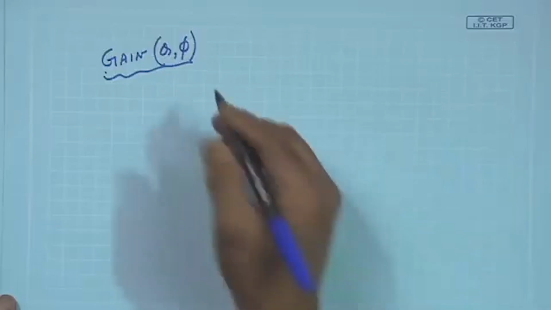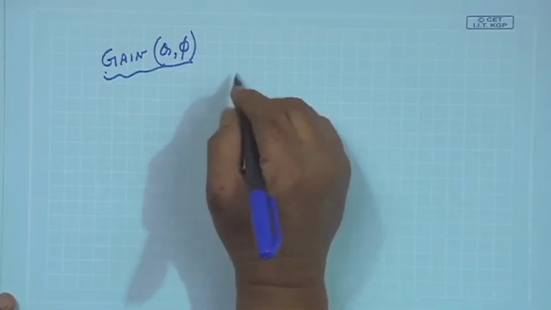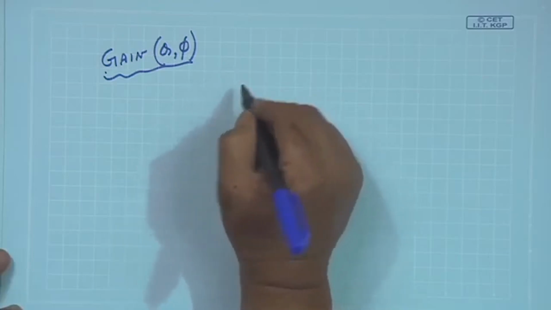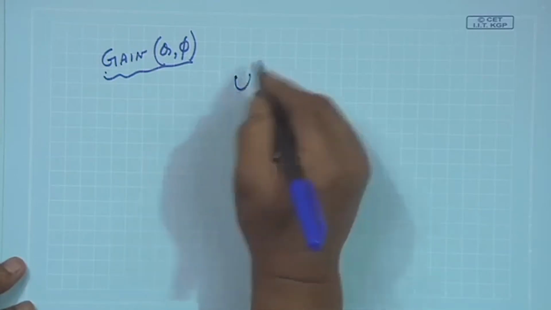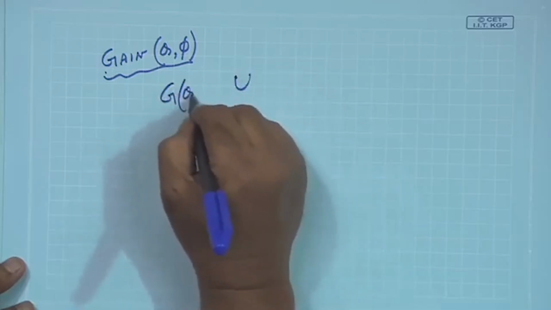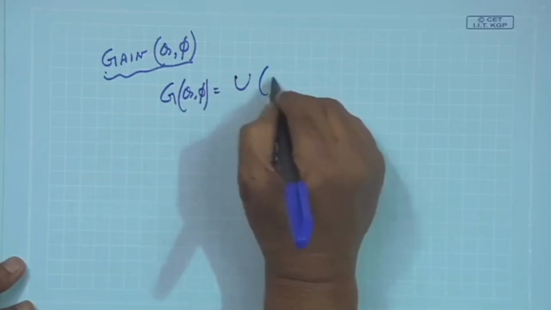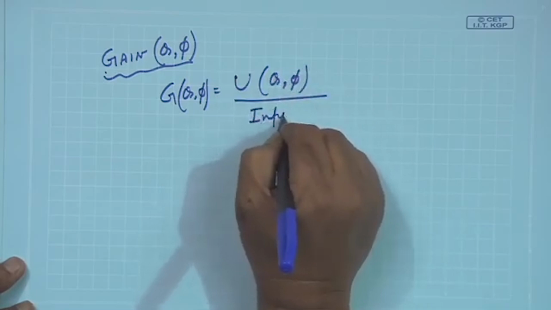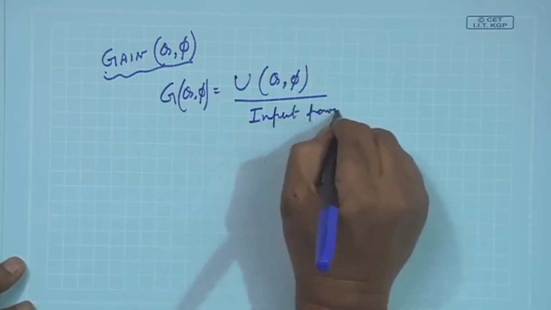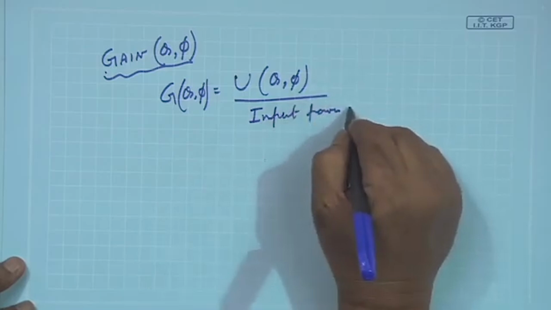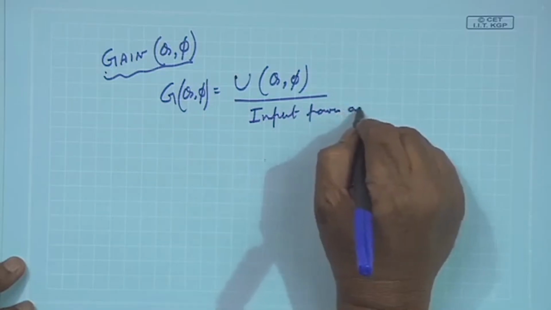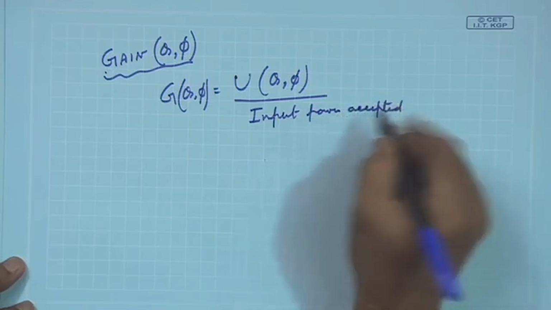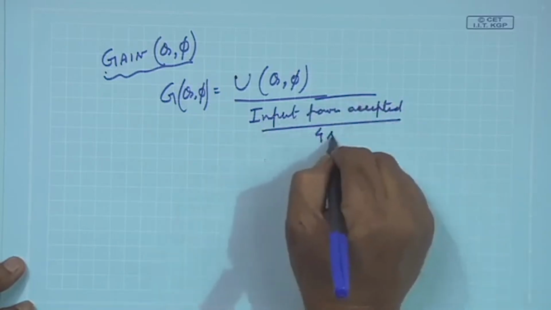That is why the denominator of gain, unlike directivity, is different. We can define the gain function G(theta, phi) as U(theta, phi) by the input power accepted by 4 pi.